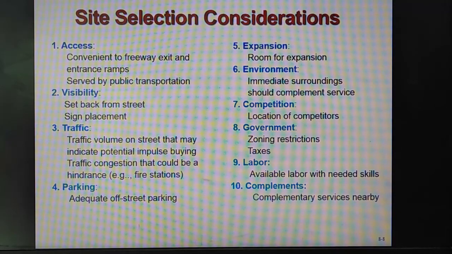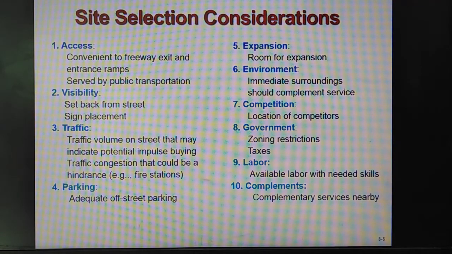The fifth consideration is expansion, which is room for expansion. It means are there available spaces for future expansion of your service. For example, you want to enlarge your outlet to double the current size. Is there some empty space, or is it possible to go to the second floor or the third floor? That is another good consideration for expansion of your outlet.